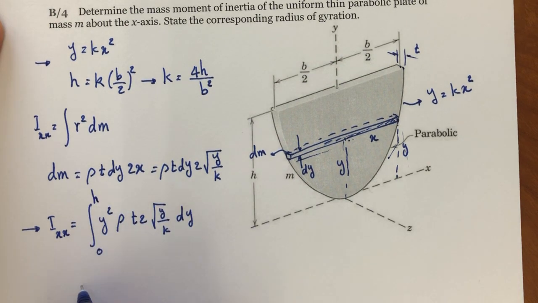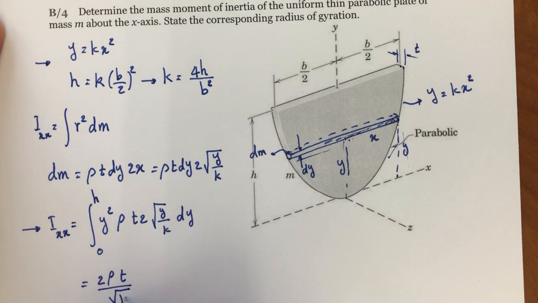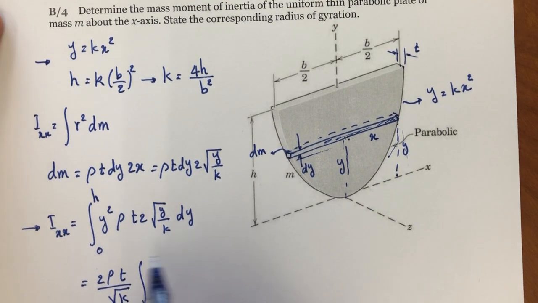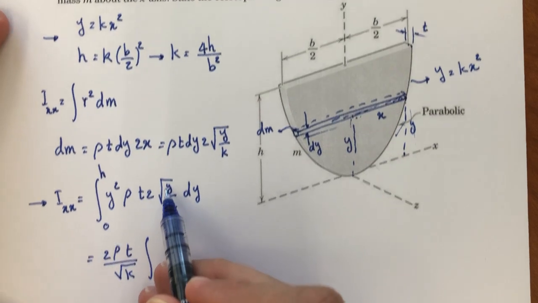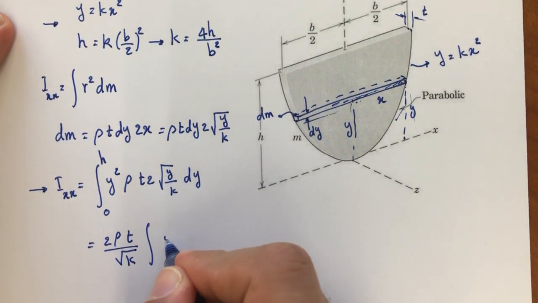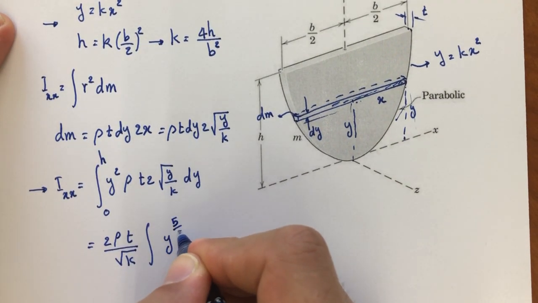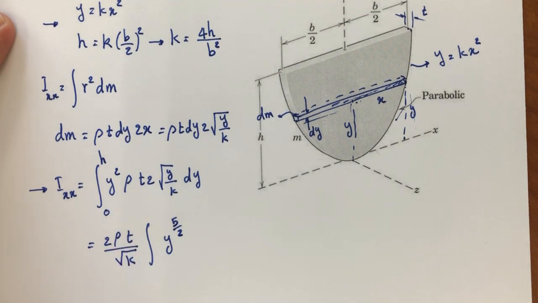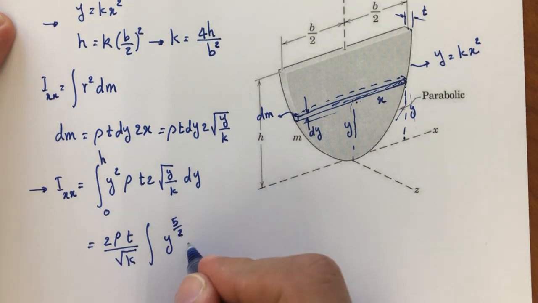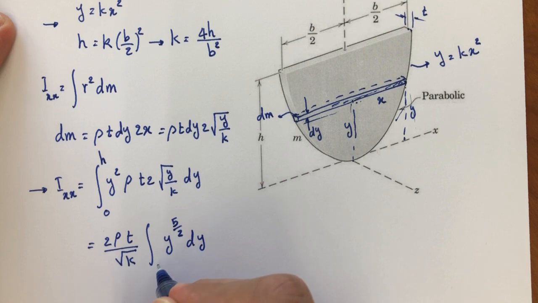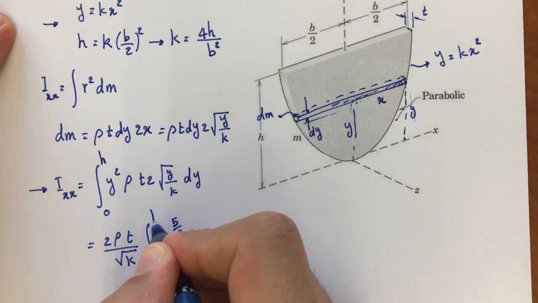I can take out all the constants, which is 2 times rho times t, divided by square root of k. Then the integral of y squared times y to the 1/2, altogether y to the 5 over 2, 2 plus 1 half, 5 over 2, dy, from 0 to h.